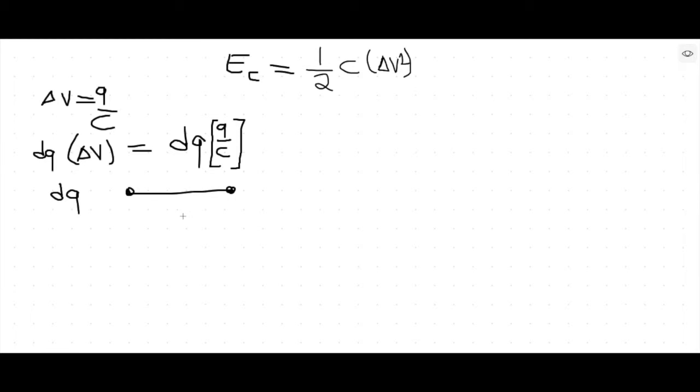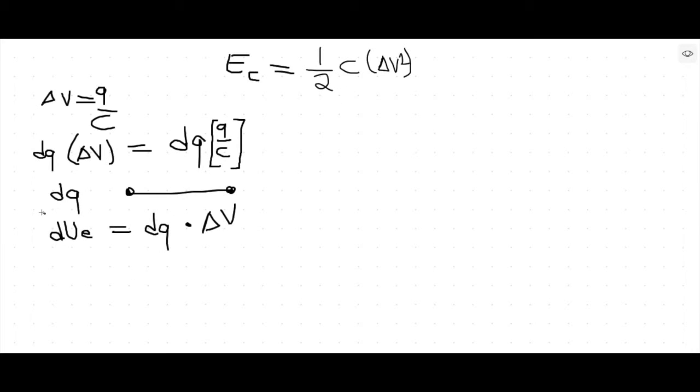The small electric potential energy change, dUE, will be equal to dq times delta V. So basically, dUE equals dq times delta V, which is a mathematical equation.